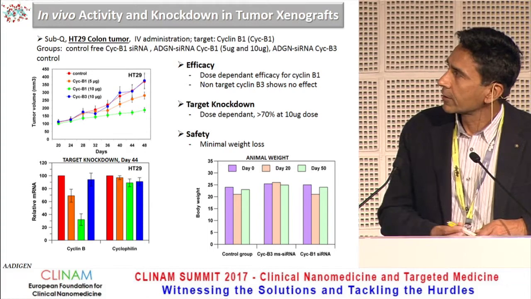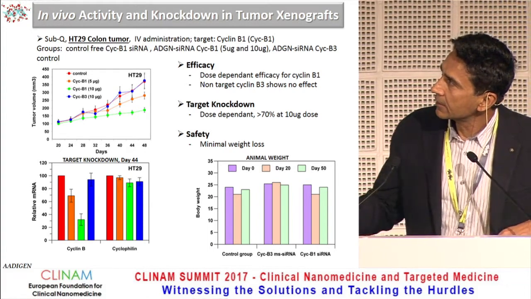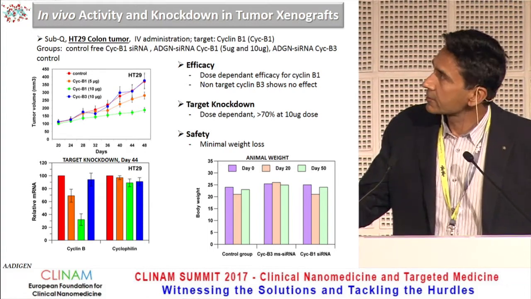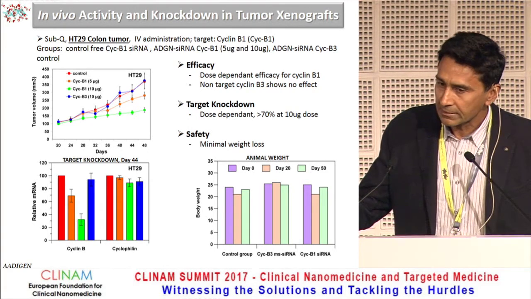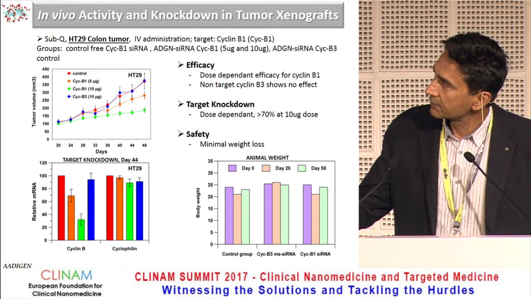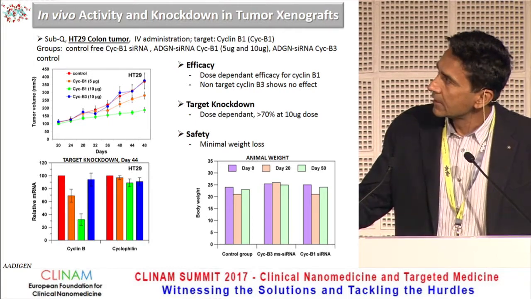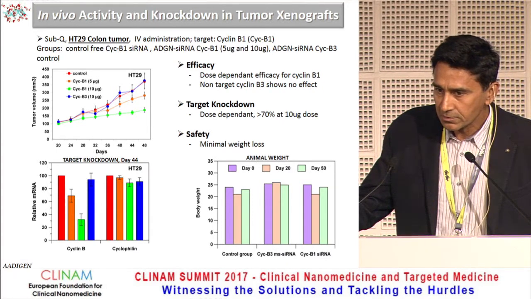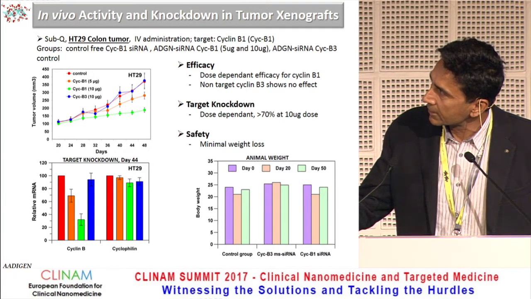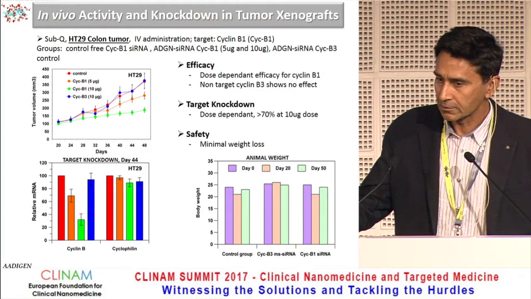So here's a tumor model. It's an HT29 colon tumor, and the target selected here is cyclin B1. Again, we complex with the peptide, give tail vein injections, and then watch the tumor respond. When you use nonsense siRNA, you don't get much of a response, and you see a dose response as you increase the dose.